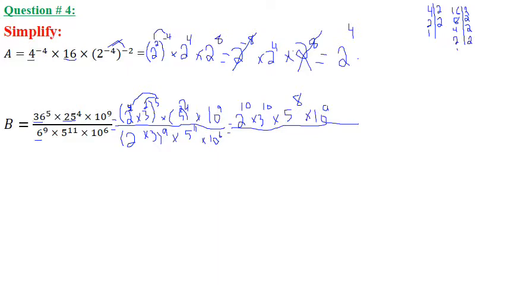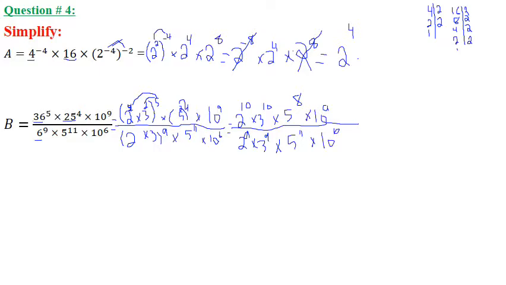Also here we get the exponent inside, so it is 2 to the power 9 times 3 to the power 9 times 5 to the power 11 times 10 to the power 6.